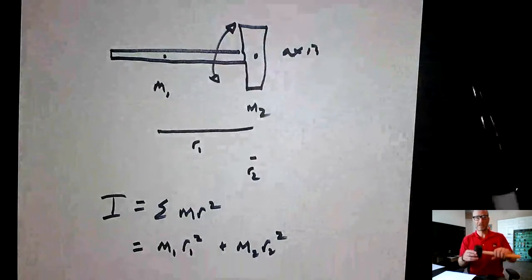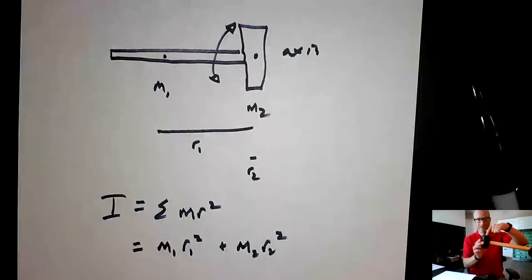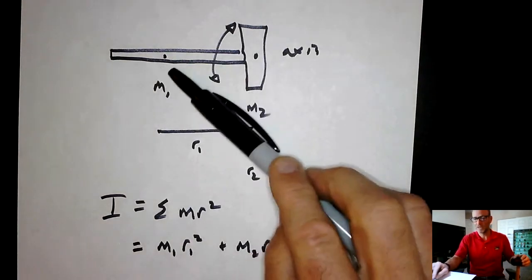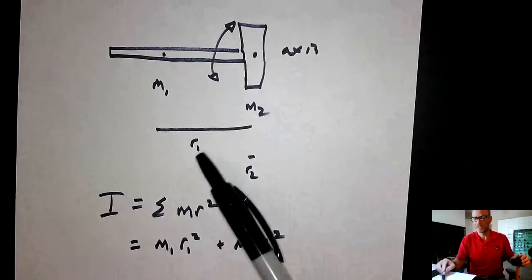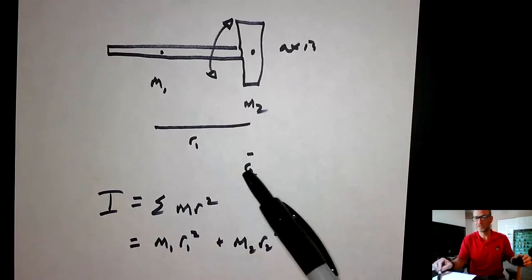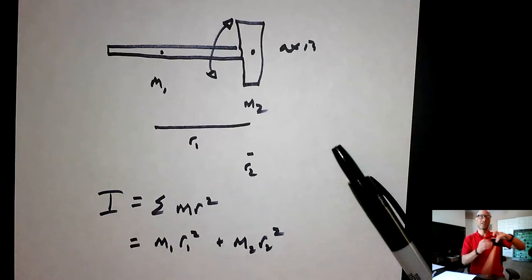Now I've got this mass here, this mass here, and this is the axis of rotation, like that. So I have the axis of rotation, I have the mass, I have the handle mass out at this point here. I figure out that distance for r1, I figure out the distance of r2, which if I'm rotating right at that mass, the r2 is really going to be 0 at that point.